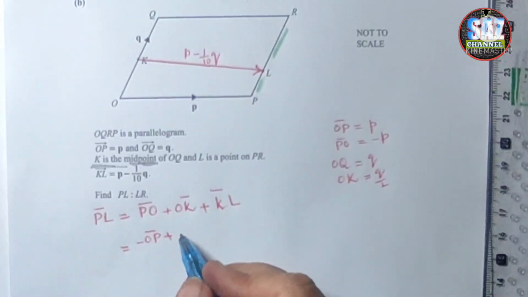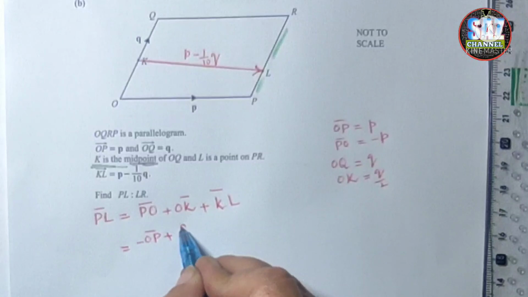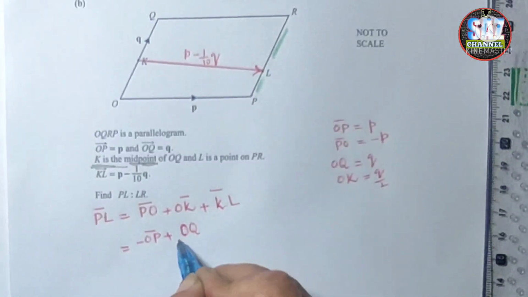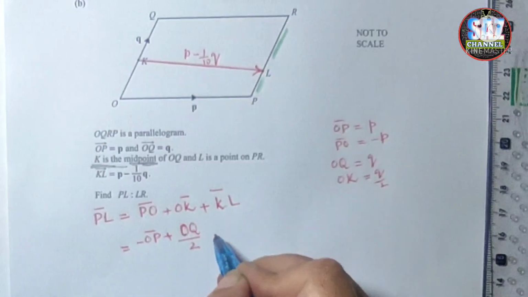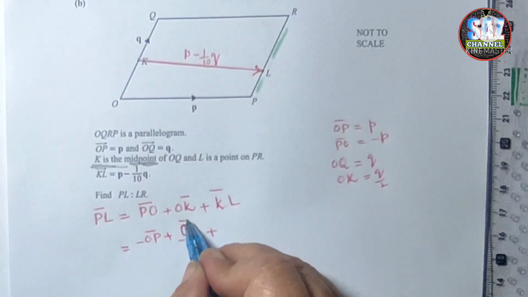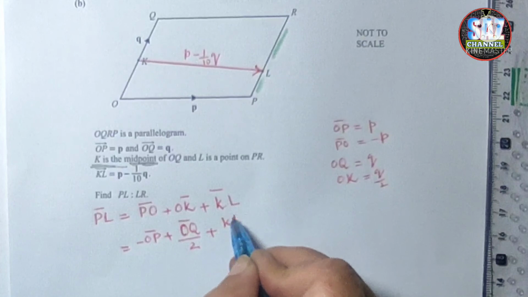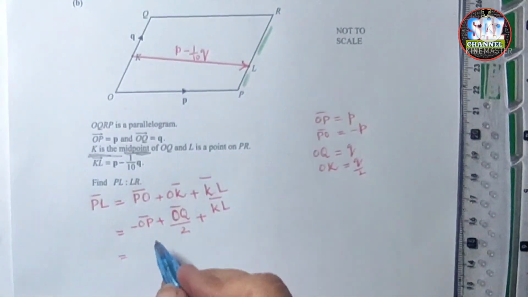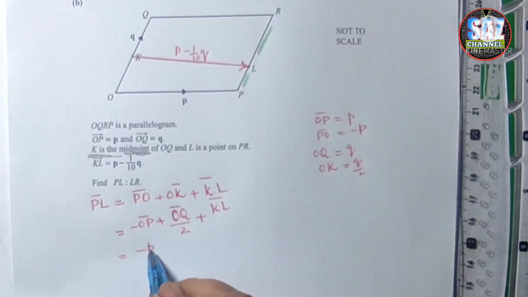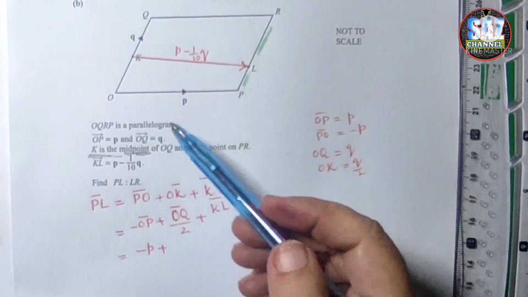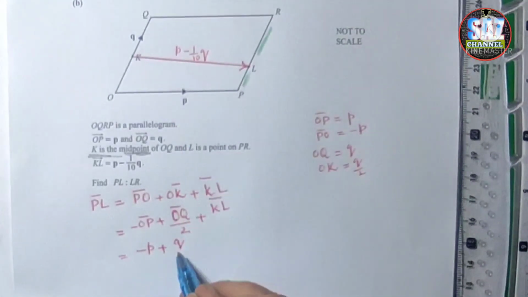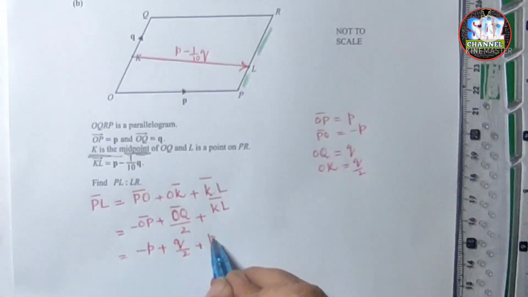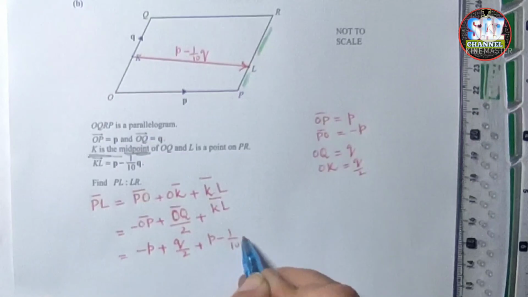OK will be equal to OQ by 2, and K to L is already given in the question. O to P will be replaced by minus P, plus OK is Q by 2, and K to L is P minus 1 over 10Q.